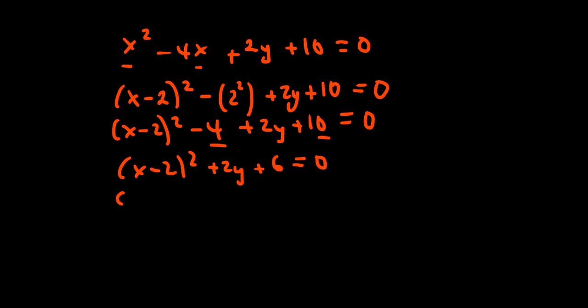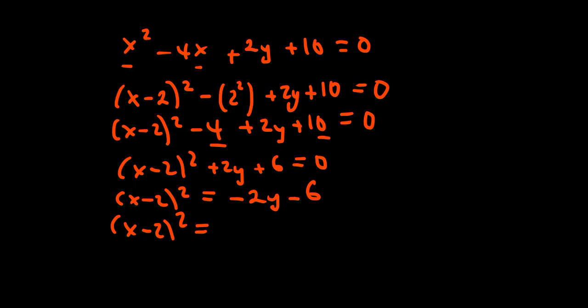Then from here, x minus 2 squared is equal to, I can move my positive 2y and my positive 6 to the other side. Additive inverse, that gives me negative 2y minus 6. From here, I must then factor out. So x minus 2 squared is equal to, here I must factor out a 2.